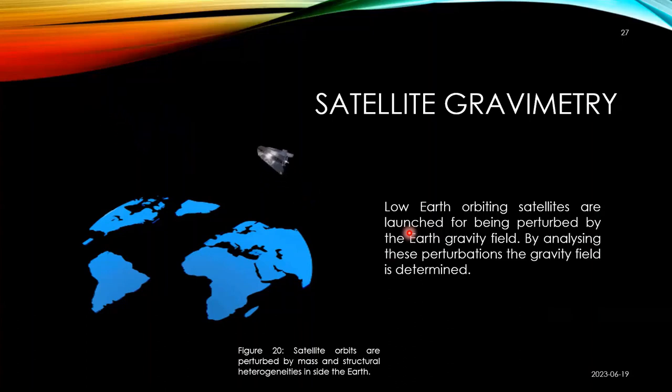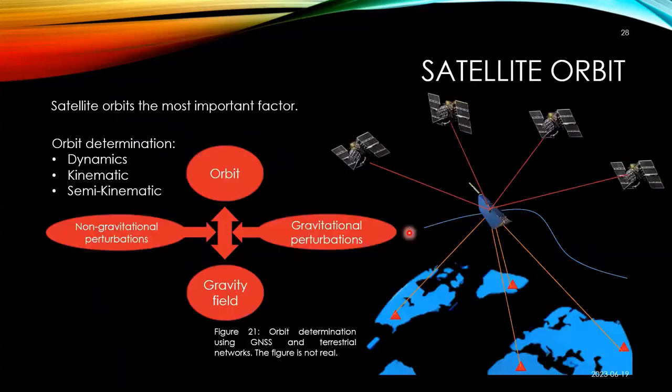These forces can be of gravitational or non-gravitational nature, and the gravity field plays the main role here. So the point is that if I can measure the orbit of this satellite, or I have some instrument or sensor to measure some gravitational parameters, I should be able to determine the gravity field of the Earth.